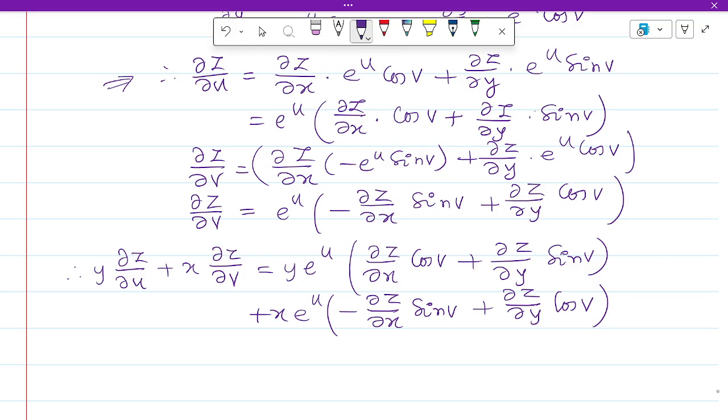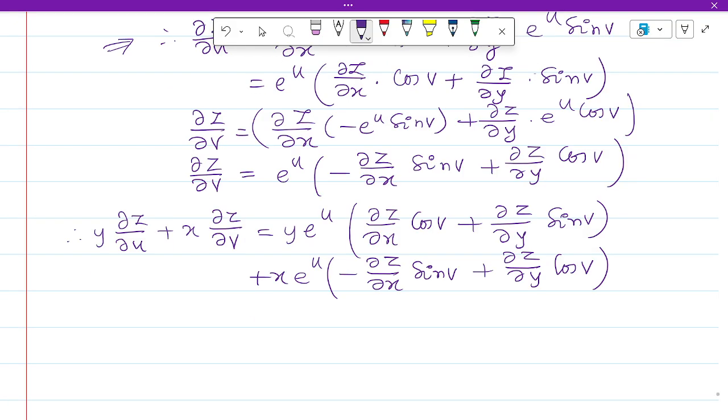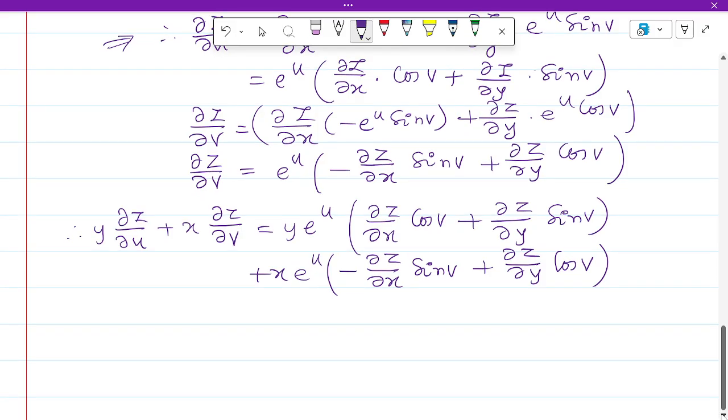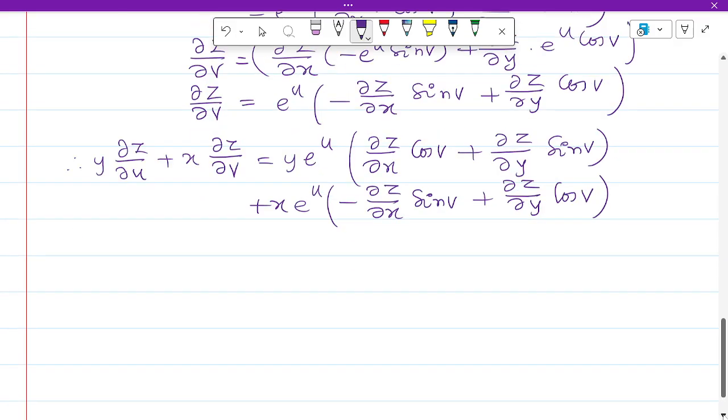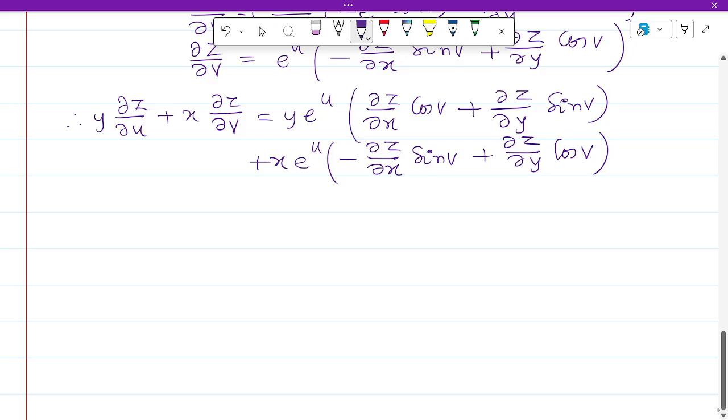Substituting y here, what is y here? y is e^u sin v, x is e^u cos v.